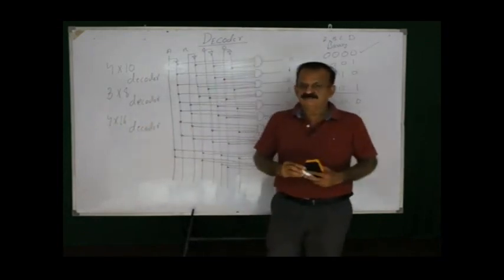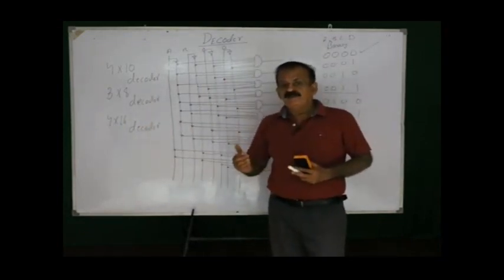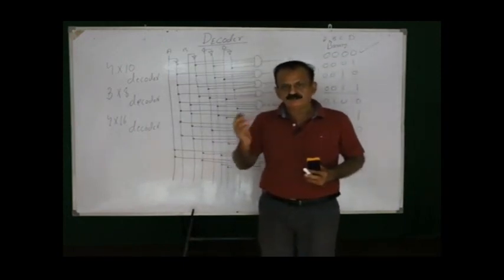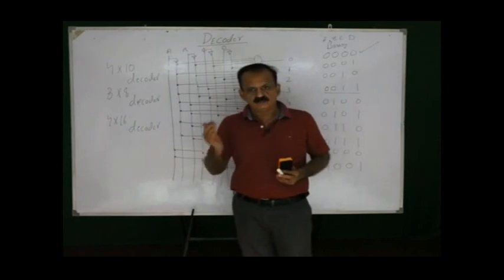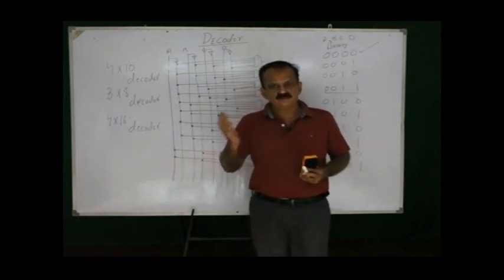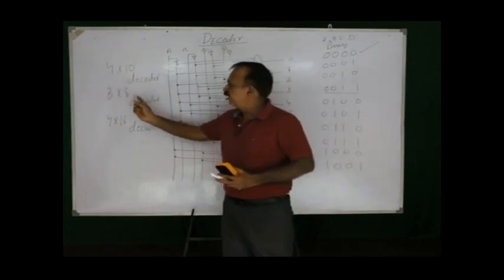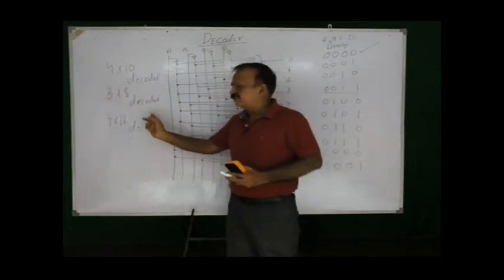hexadecimal conversion. So encoder will be one which will be converting the decimal number to binary or the octal number to binary or the hexadecimal to binary. That is why encoders were 10 to 4, 8 to 3, or 16 to 4.